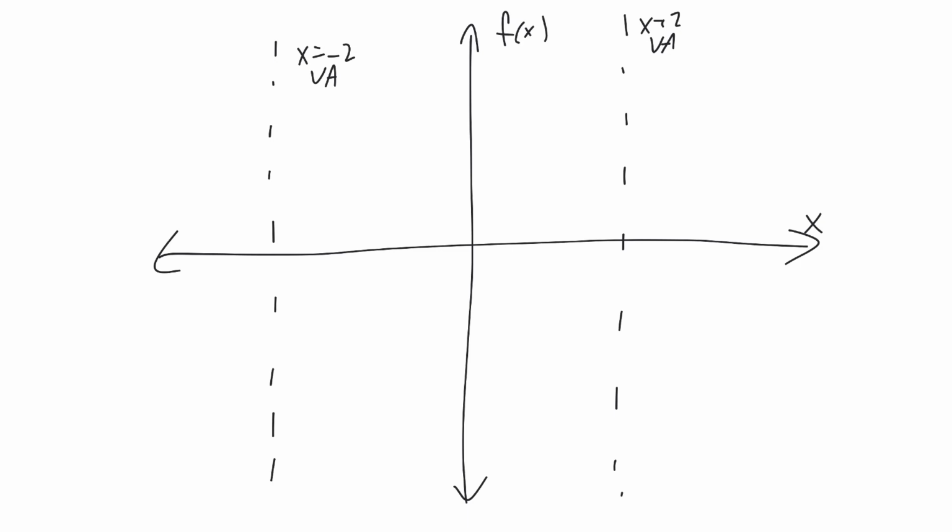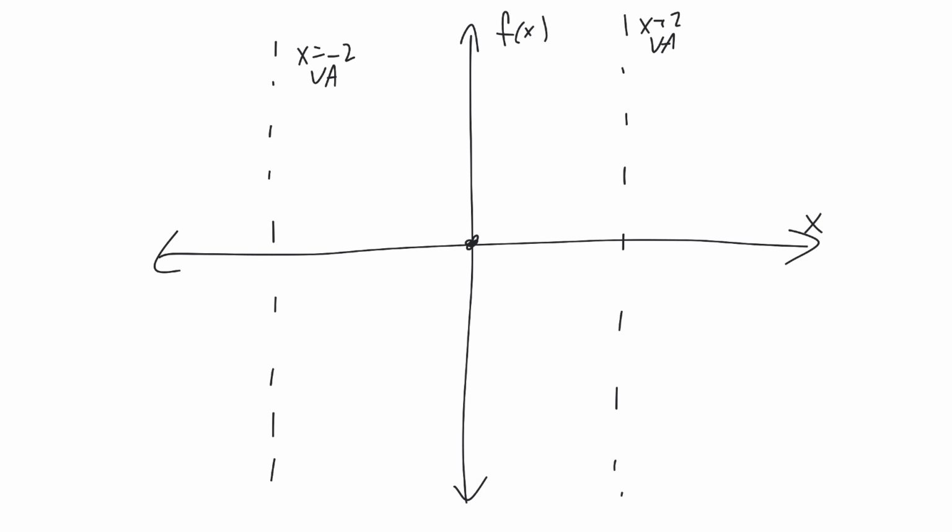We know there's going to be a point at the origin, which is also an inflection point. Now, if you actually look back, the derivative is actually 0 here. So not only is this going through the origin, and not only is this an inflection point, but it's also a horizontal tangent. So we're going to really want to make sure we draw properly at this point at the origin.